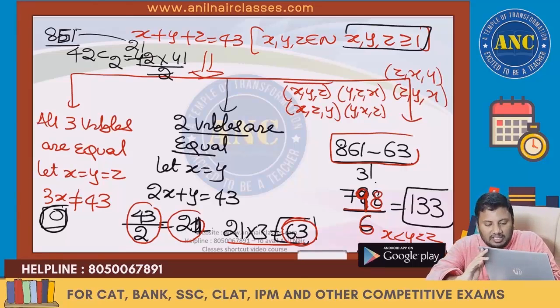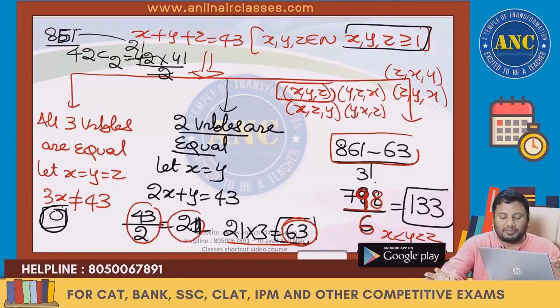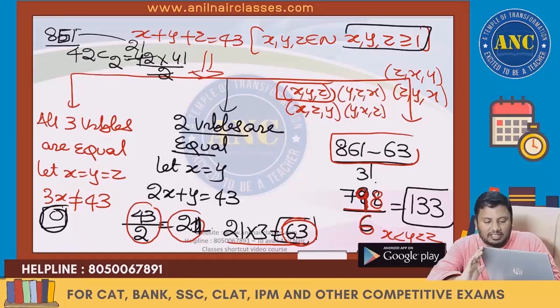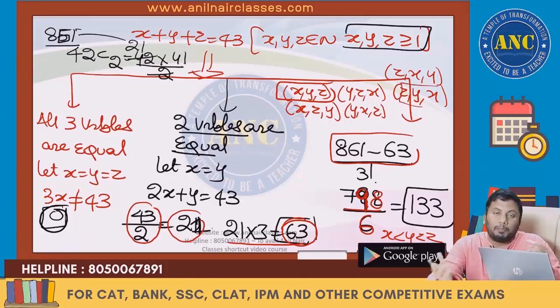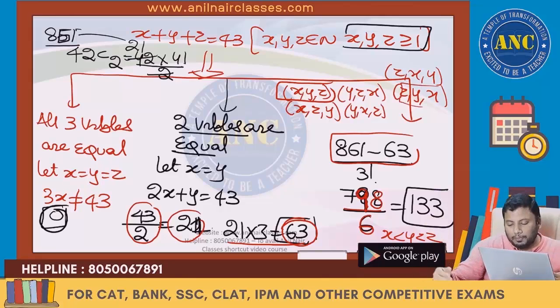If x is less than y less than z, it is 1 by 6 of 798. Depending upon the condition imposed in the question, I will get 798 by 6, which is 133.